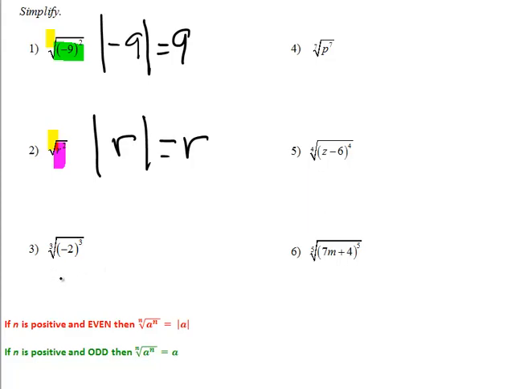Here I have an odd n. The index is odd. So I'm going to take whatever's inside, because again, this 3 and this 3 and the radical sign cancel each other out.